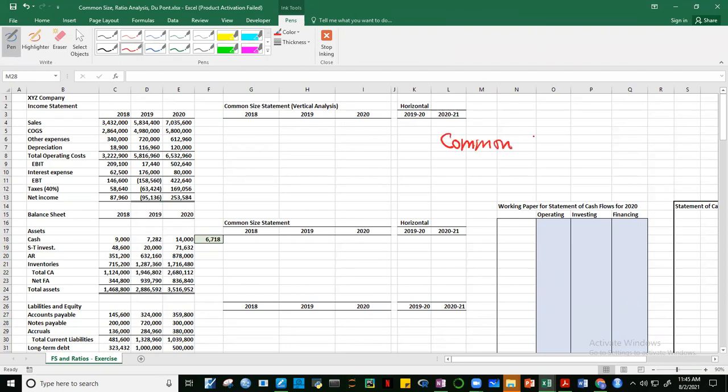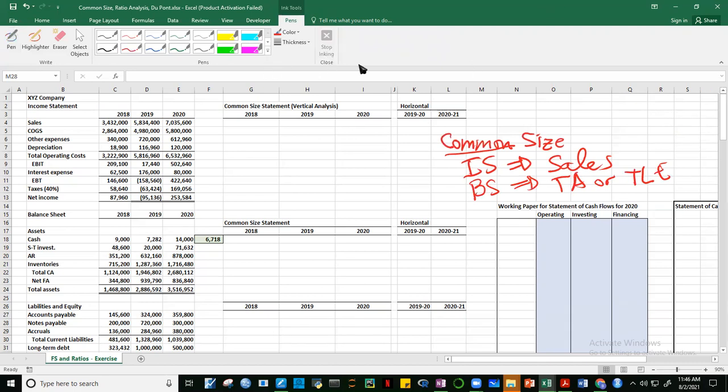Pag sinasabi natin common size, kaya nga, guys, ang sabi niya common, no? Common, ibig sabihin, lahat kino-compare natin sa isang figure. So if it's an income statement, okay, all the accounts are compared with sales. Pag balance sheet naman, all the accounts are compared with either total assets or total liabilities and equity. Okay, so that's what we do when we do common size statement.